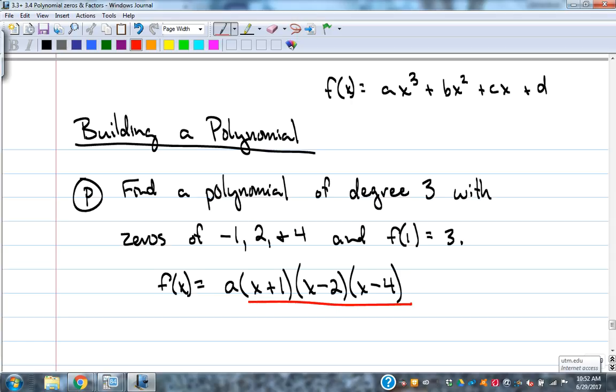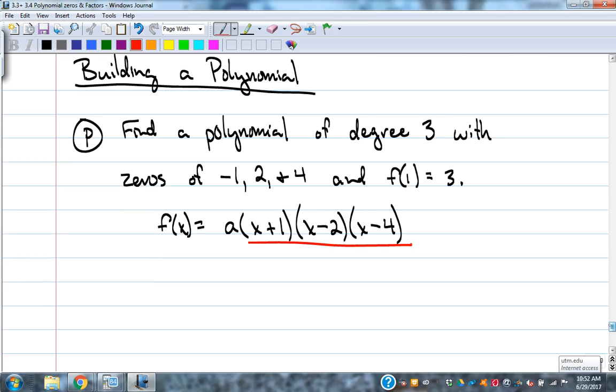Or actually, it doesn't matter whether I multiply that out first or if I find a first. Honestly, it probably is easier to find a first and then just use a at the end. So let's go ahead and find a, because it's pretty easy in this step, and probably would be no more difficult in the last step, but I think let's go ahead and find it to be easier.